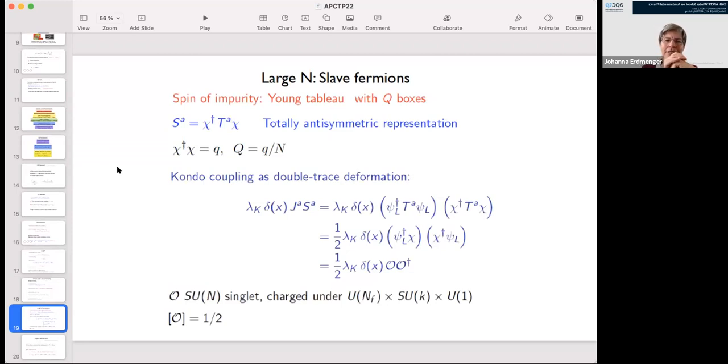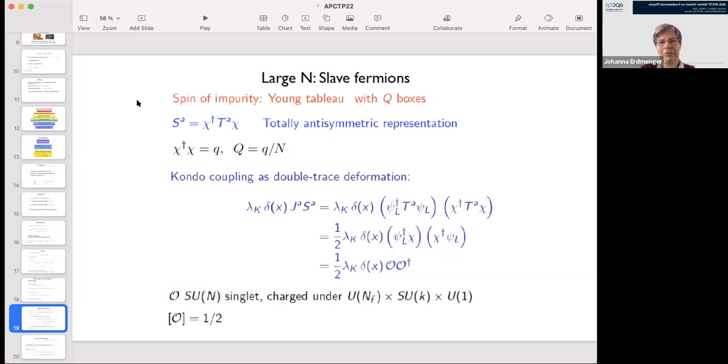Okay, so if we consider the spin of the impurity and we have an SU(N) spin, and now look at a representation of this large N symmetry which describes this spin, then the group theory representation will be a Young tableau with Q boxes. So it's a totally antisymmetric representation. And so then the Young tableau was just like a ladder of boxes.